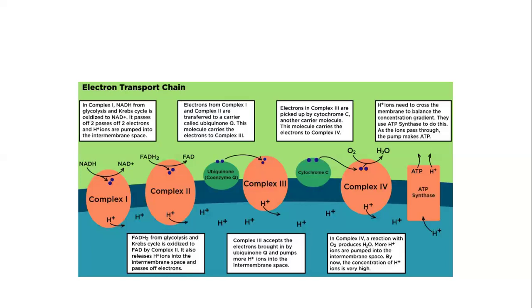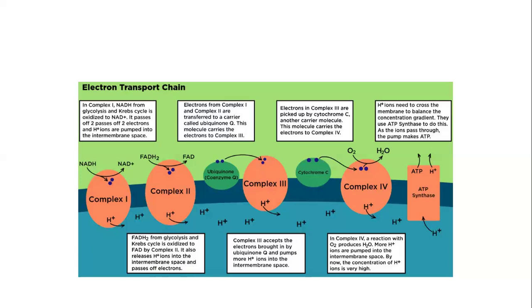So in summary, complex 1, NADH dehydrogenase, accepts electrons through FMN, known as flavin mononucleotide. Then it transfers the electrons to coenzyme Q, also known as ubiquinone. Then complex 2, better known as succinate dehydrogenase, accepts electrons from FADH2 and makes FAD.